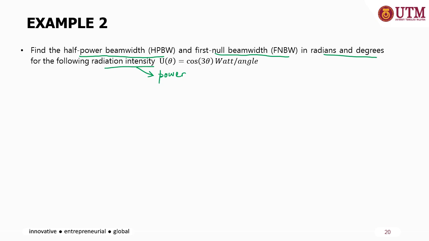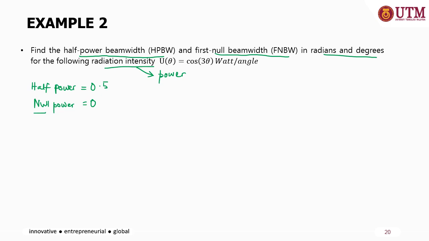In this case the radiation intensity is presented by the power pattern. So we know the half power for the power pattern in linear is equal to 0.5, and the null power, since it is null, is equal to 0. So this is the power pattern.